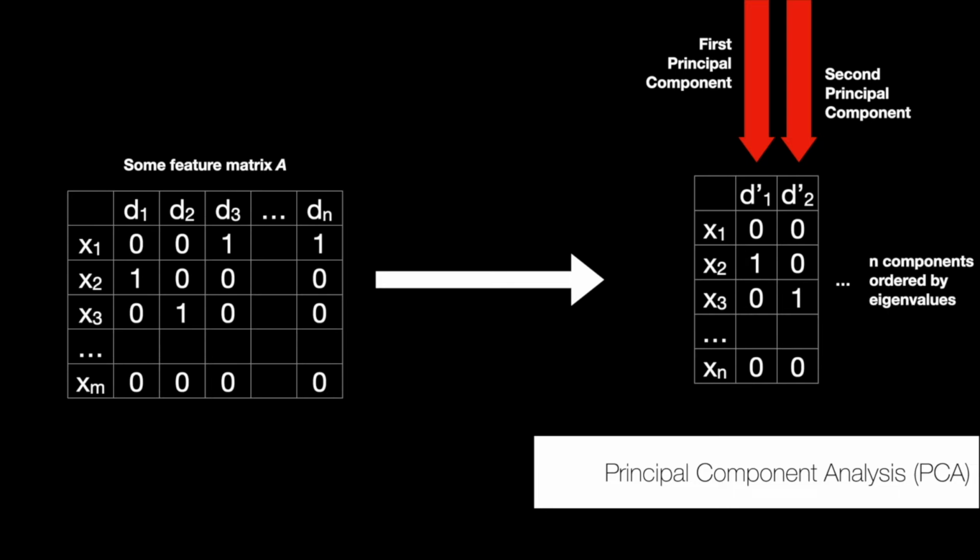You can actually do this for n components. So if we have n different dimensions, we can have n principal components. This is ordered by the magnitude of the eigenvalues in your data, or in the decomposition of this feature matrix. And if you kept all the components here, really what you've just done is you've rotated your original data set.